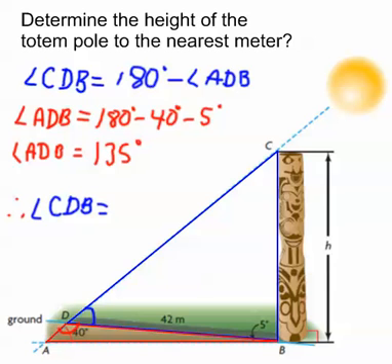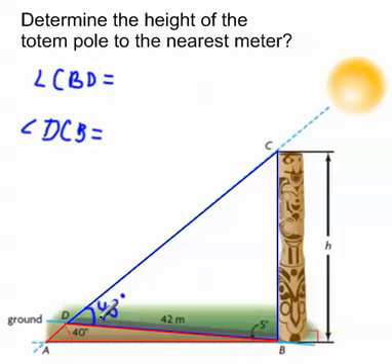So if that's true, then it automatically means that the angle here at BDC would be 45 degrees, because it has to add up together to give you 180 degrees. So now we know a couple of things.